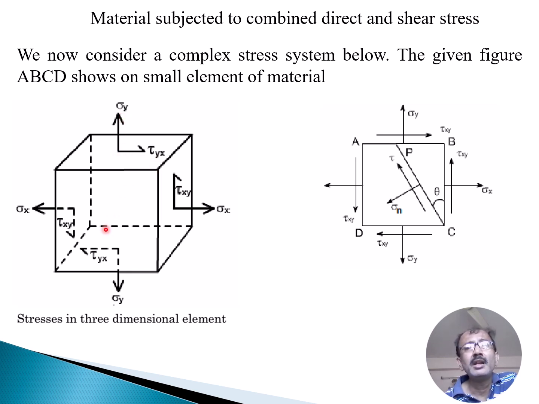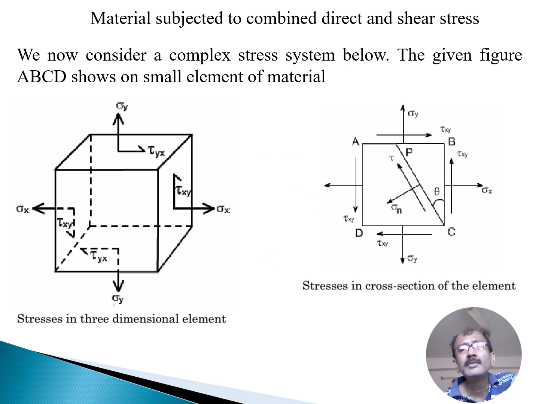There are two suffixes: the first indicates the plane, and the second indicates the direction. So this is the y plane, x direction, and this is the x plane, y direction. This one is the normal stress, and this is the shear stress acting along this plane.